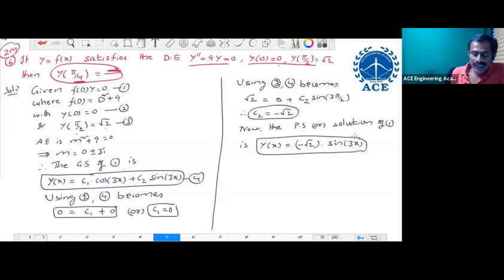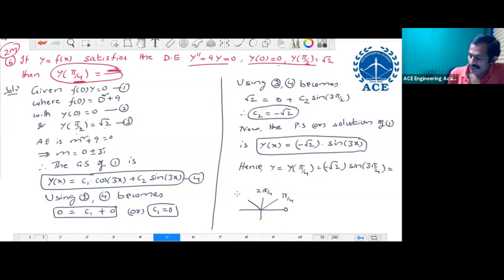Next, we require the particular value of y at some particular value of x. Hence, y of pi by 4 equal to minus root 2 into sine of 3 pi by 4. Going 0, pi by 4, 2 pi by 4, then 3 pi by 4. 3 pi by 4 is in the second quadrant.